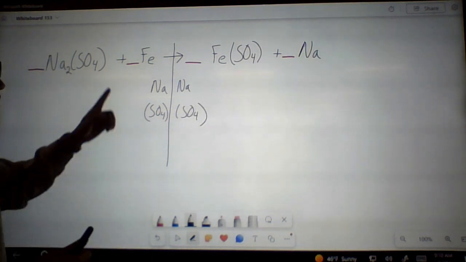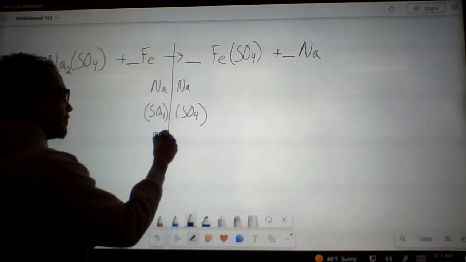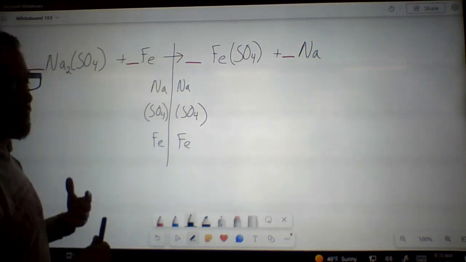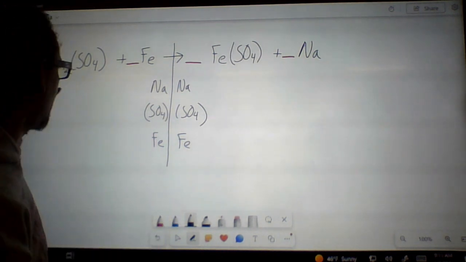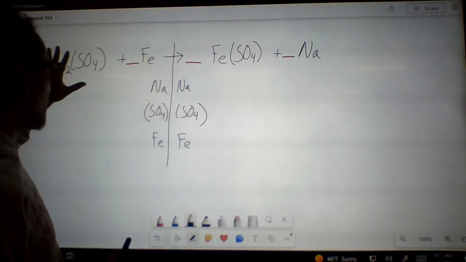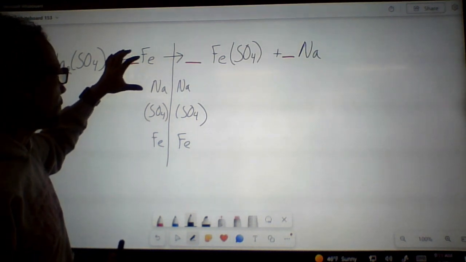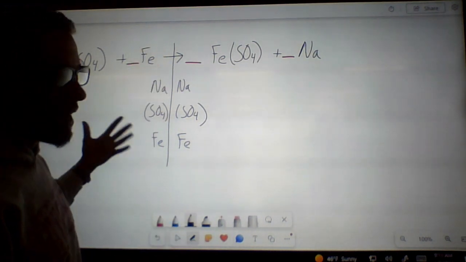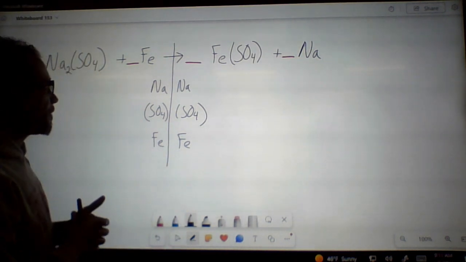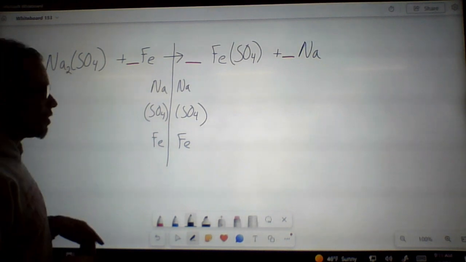Okay, no problem. Then I have an iron on this side, and then an iron on this side. And now I'll look for any other oxygens. This oxygen is inside of a sulfate group, so I'm not going to count it. And then I'll look for hydrogen. There's no hydrogen present, and it's not a combustion reaction. All right, so now we'll take a look.